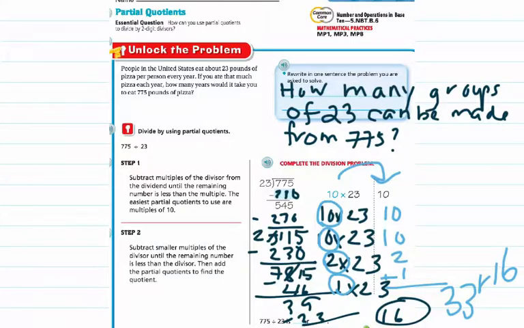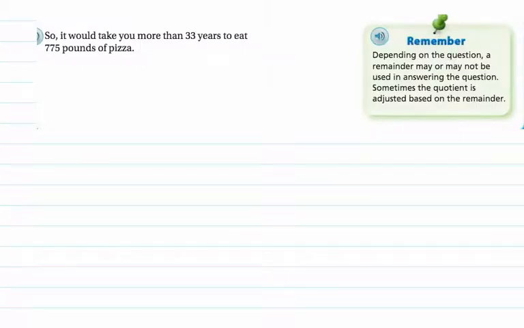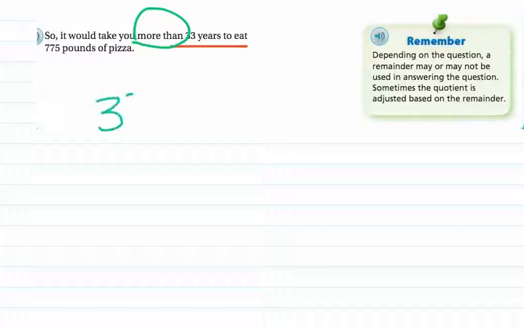So what we're going to do is we're going to go on to this part and answer this question and analyze what they're saying here. So it would take you more than 33 years to eat 775 pounds of pizza. I write down more than because we know our answer was 33 years, remainder 16.